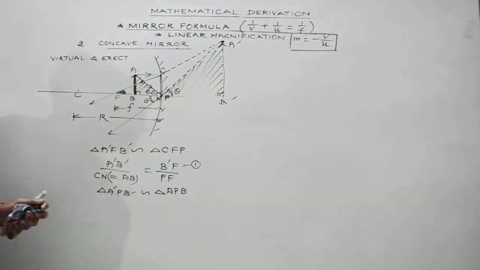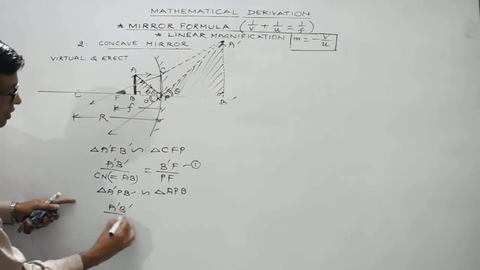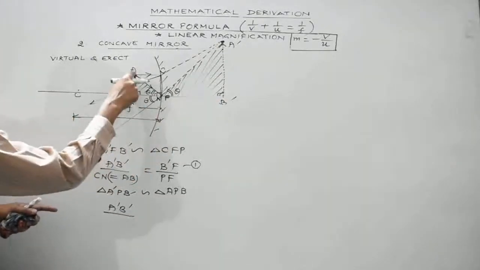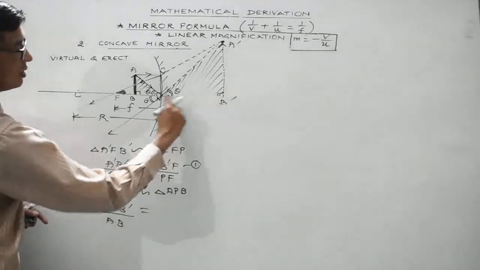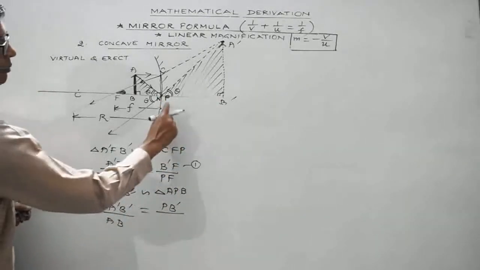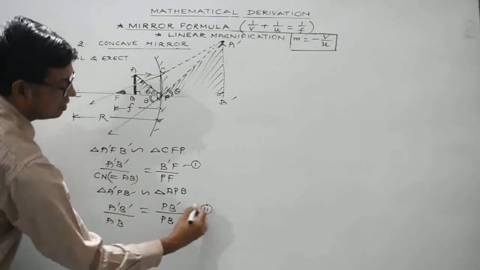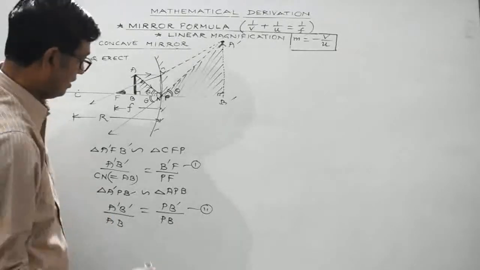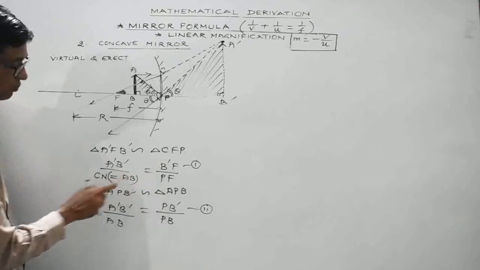Therefore, the corresponding sides are proportional. So A dash B dash, the corresponding side of A dash B dash in the other triangle is AB, is equal to, consider the base, PB dash, P should be the initial letter wherever feasible, PB dash divided by PB. Now here, the point to be noted is that the terms in the left hand side of these two equations must be the same.